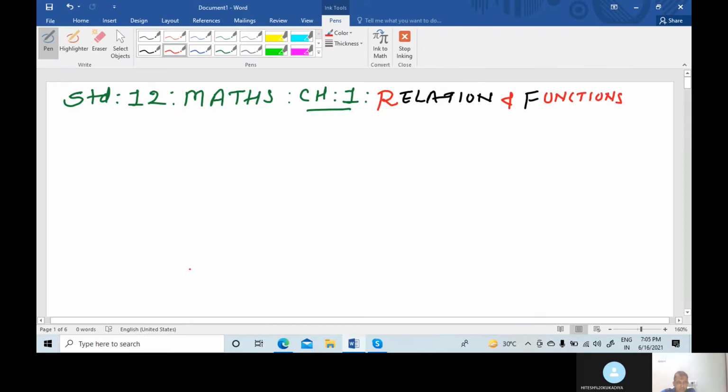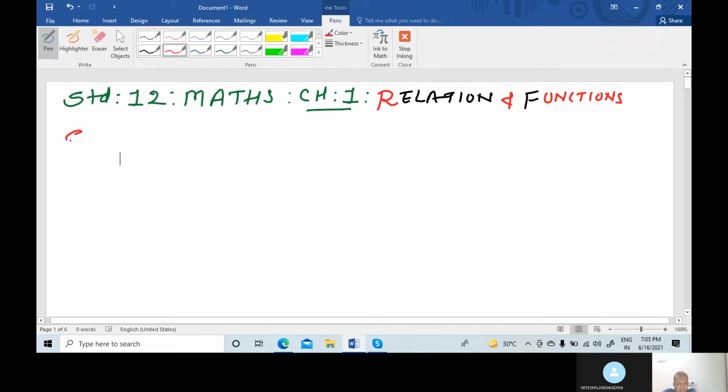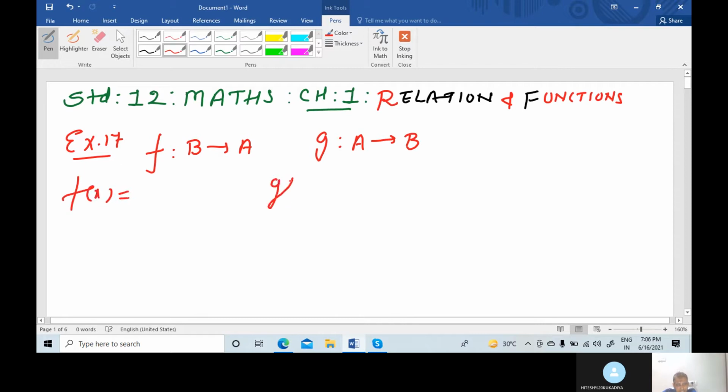Look, students, which example? 17. We calculate Example number 17. F is the function from B to A, G is the function from A to B. Now F(x) equal to and G(x) equal to.